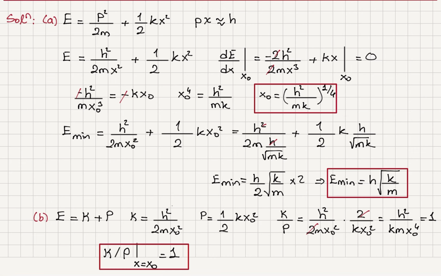When we substitute this into the energy equation, we find that the minimum energy is h times square root of k over m, and furthermore, we find that the kinetic energy and potential energy contributions are both equal to 1/2 h times square root of k over m. So they have the same contribution, so the kinetic energy to potential energy ratio is equal to 1.